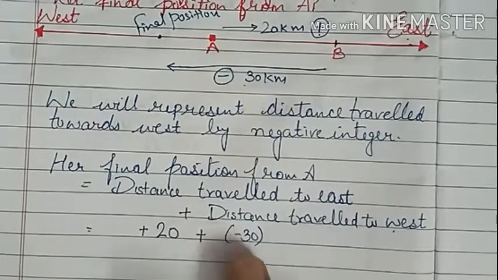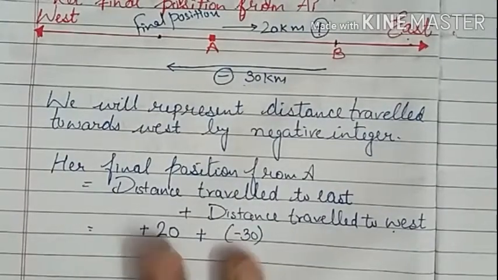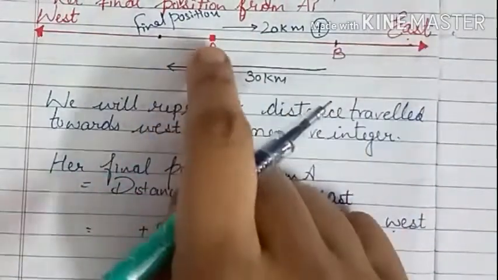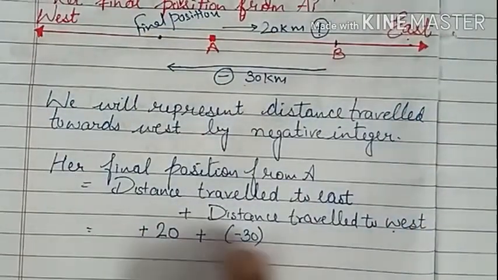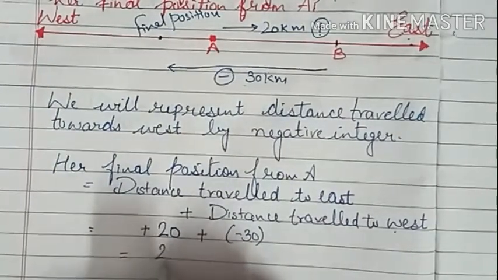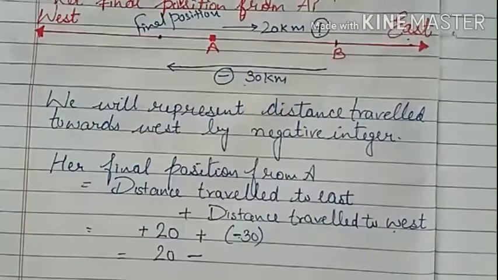20 plus minus 30. This is positive, this is negative, and we will find its total, because first she moved A to B, then B to this point. So we will find the total distance traveled by her. Now there are two signs together, plus and minus, so that will be converted into one sign only, which is minus.